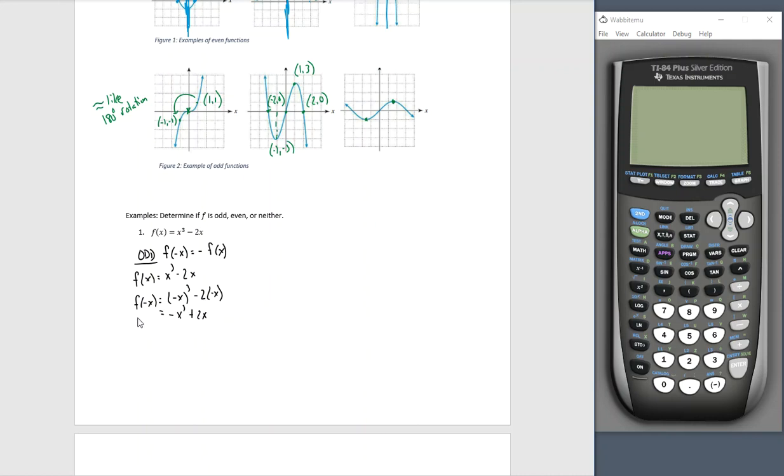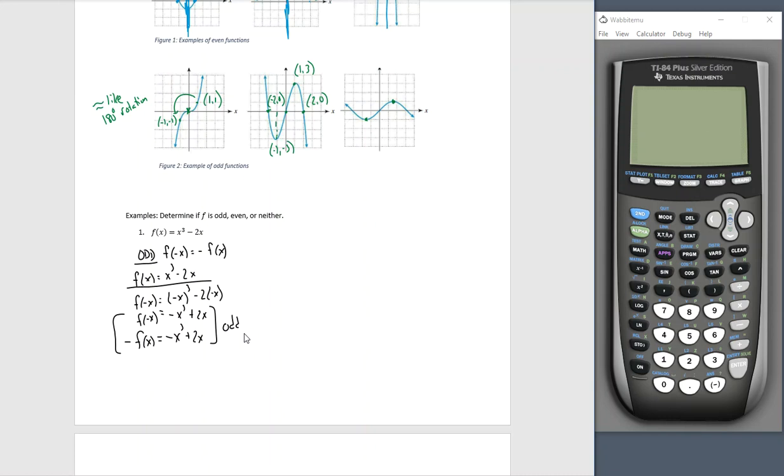So I know exactly what f of negative x is. What is negative f of x? Negative f of x multiplies our function through by a negative: negative x cubed plus 2x. We'll look at that. These two values are equal. Since f of negative x equals negative f of x, this function is odd.